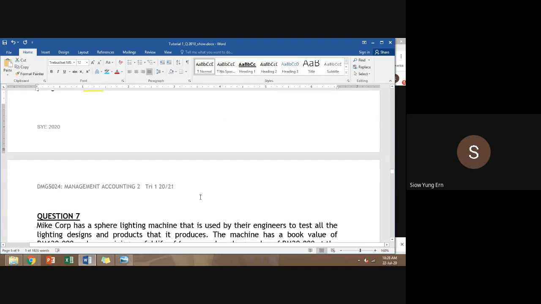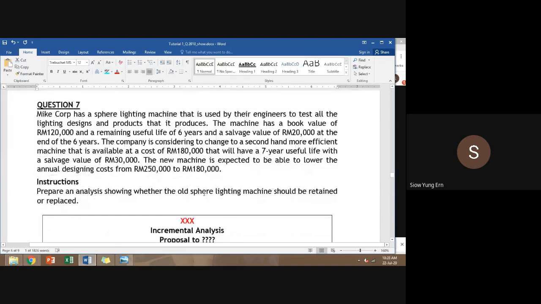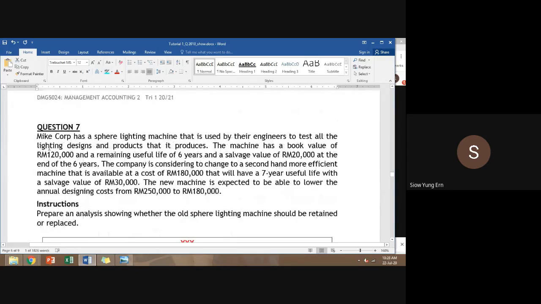Next question will be on repair or replace. So Mike Corporation has a sphere lighting machine that is used by their engineers to test all the lighting designs and products that it produces. So the machine has a book value of 120,000 and a remaining useful life of 6 years. Salvage value is 20,000 at the end of 6 years.